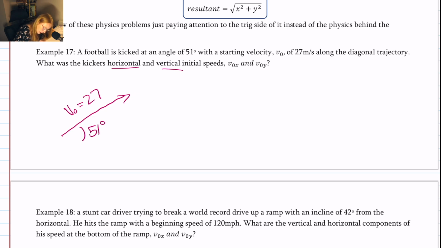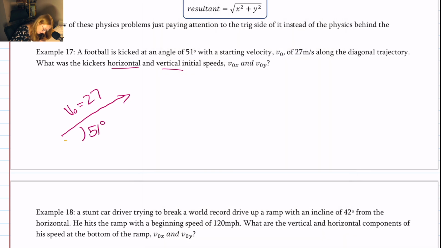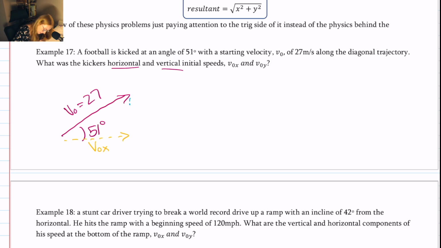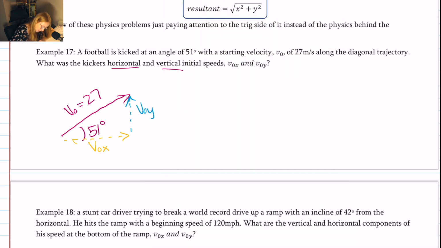So let's mark that, and I'll do it in different colors so we can keep track of it. So let's say we have Vx and Vy. Let's start with Vx. So here's our angle.